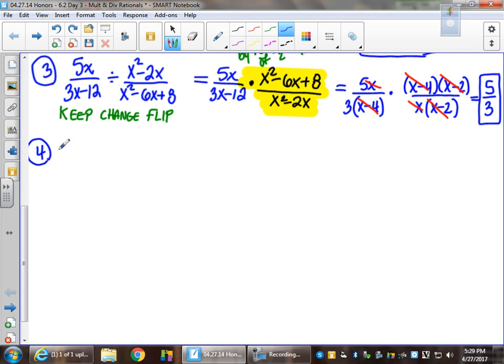6x squared plus 7x minus 3, divided by 6x, divided by 2x squared plus 3x.